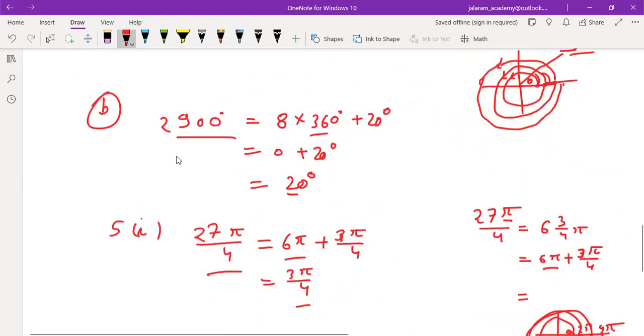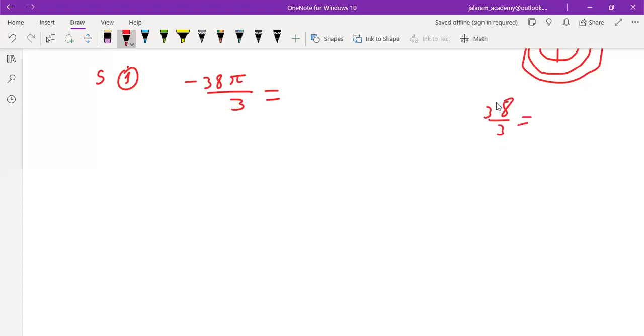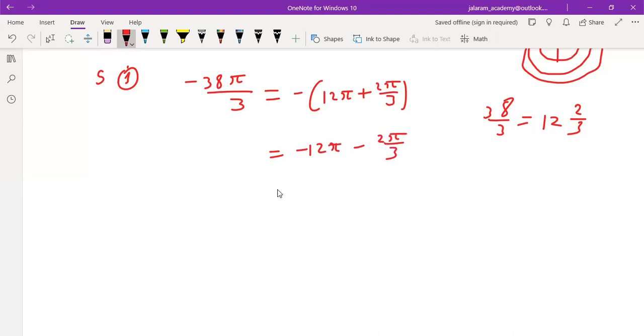it is minus 38 pi by 3. First of all, the procedure will be the same. Change 38 by 3 to a mixed fraction: 3 twelves are 36, remainder 2 by 3. So as minus is there, we can write minus 12 pi minus 2 pi by 3.